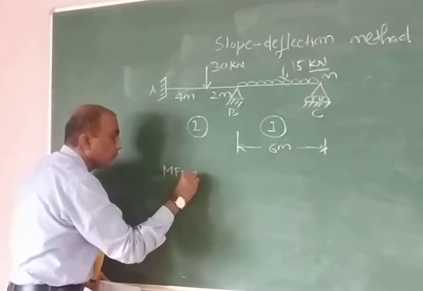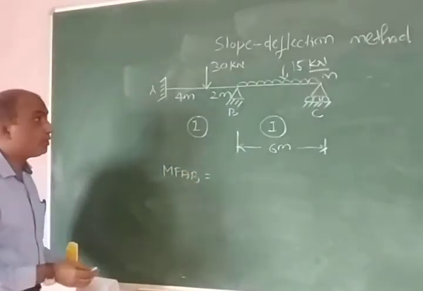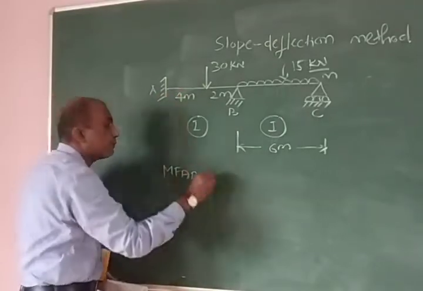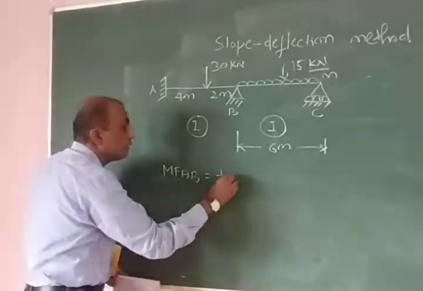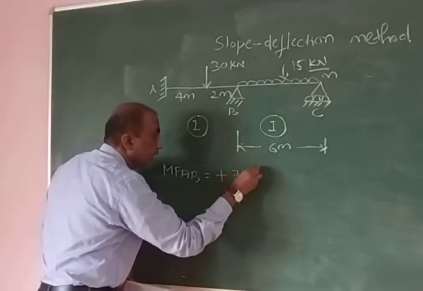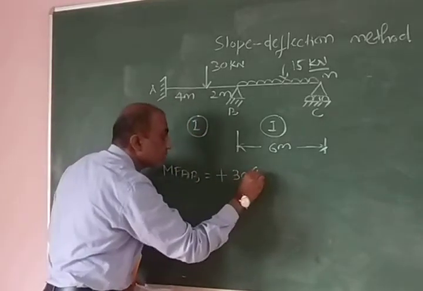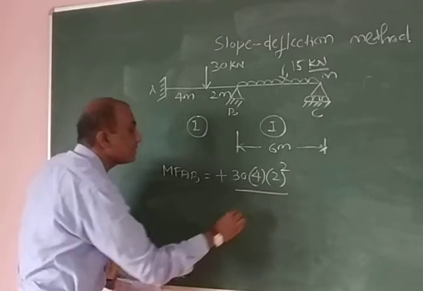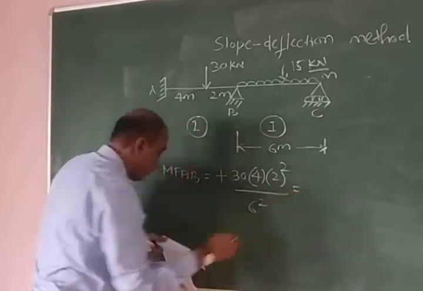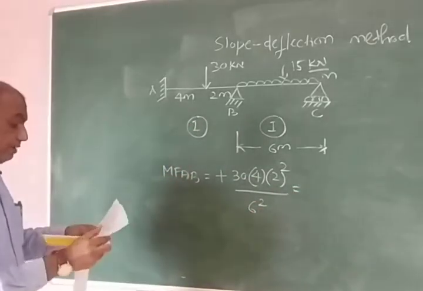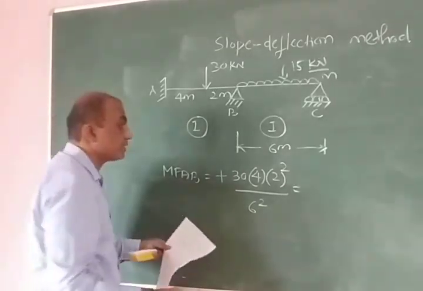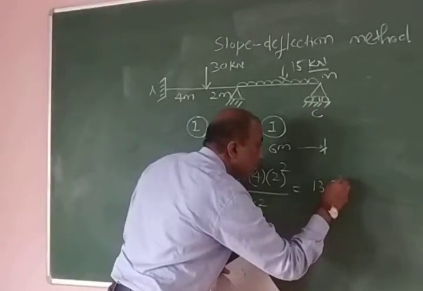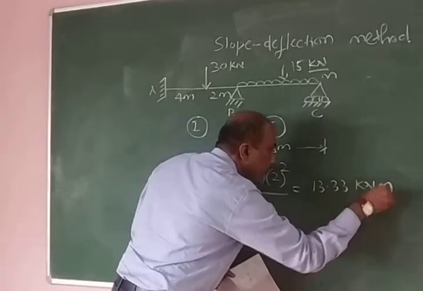MFAB. What is the formula? Anti-clockwise is positive. Here the fixed end moment anti-clockwise is plus W A B square upon L square, where A is 4 meters, B is 2 meters, L is 6. So MFAB comes to 13.33 kilonewton meter.